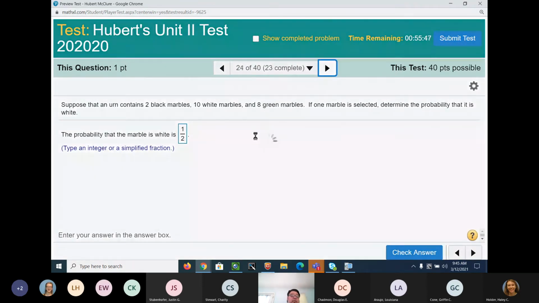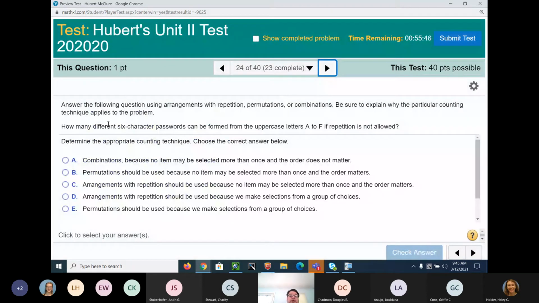Next. Answer the following question using arrangements with repetition, permutations, or combinations. Be sure to explain why the particular counting technique applies to the problem. How many different 6-character passwords can be formed from the uppercase letters A through F if repetition is not allowed?